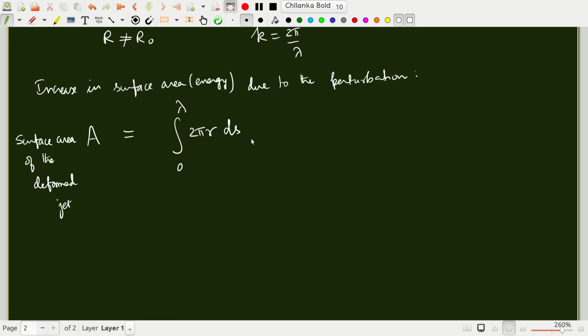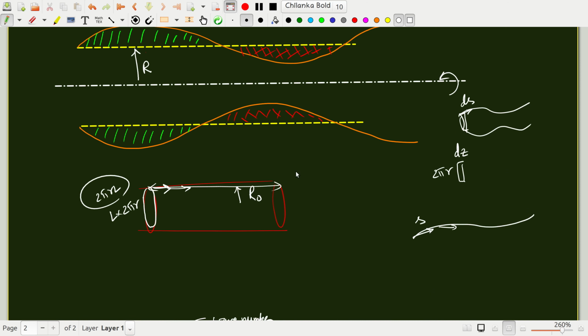Okay, and similarly the volume of the perturbed jet or a deformed jet is simply, again, if I want to calculate the volume of a cylinder, I will say pi r squared times L, but here I have to consider pi r squared times dz.